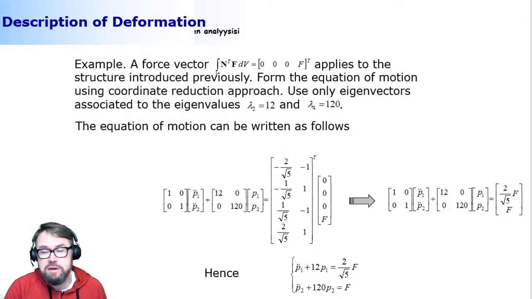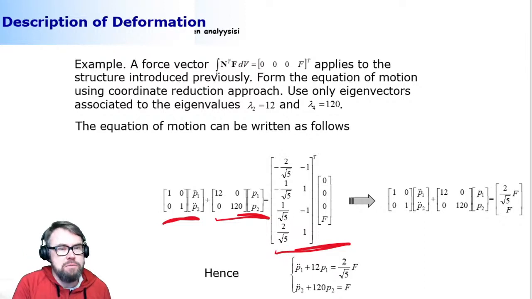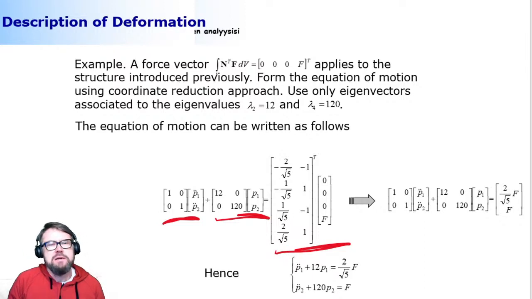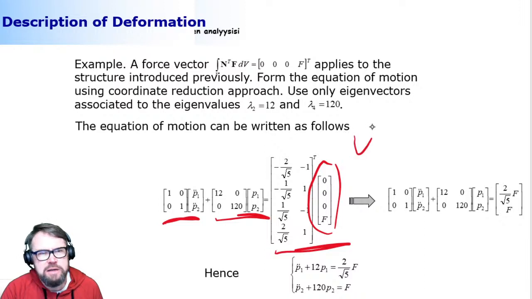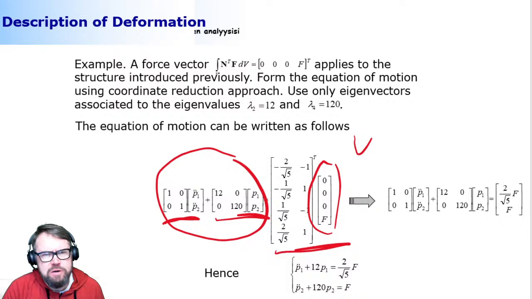So this is going to be my modal inertia, modal elastic forces, and my externally applied forces, which are multiplied by the modal matrix. Why? Because initially, these are expressed in terms of nodal coordinates. I don't have them anymore on the left-hand side of the equation, so I have to convert forces to be expressed in modal coordinates.